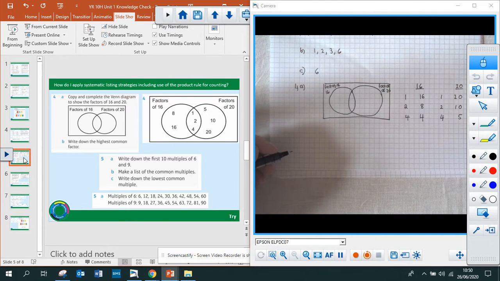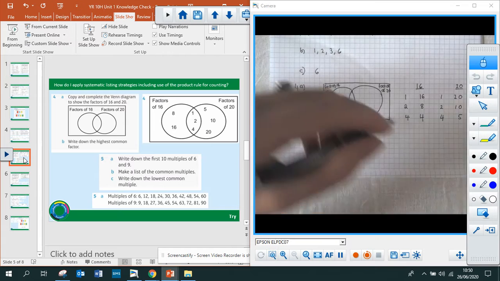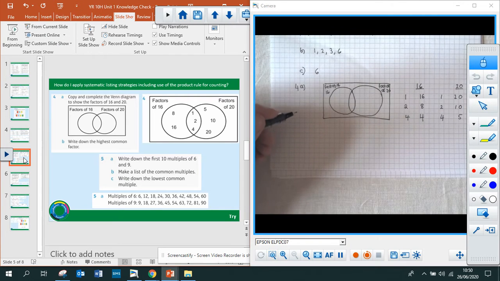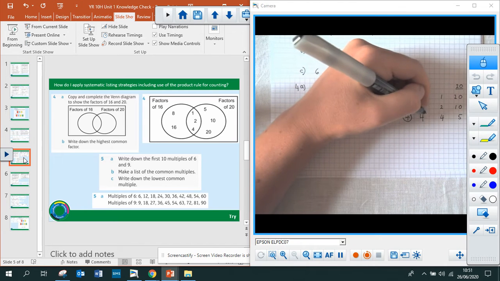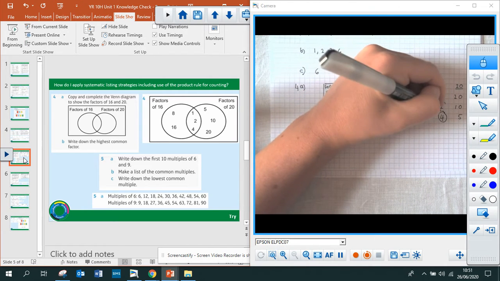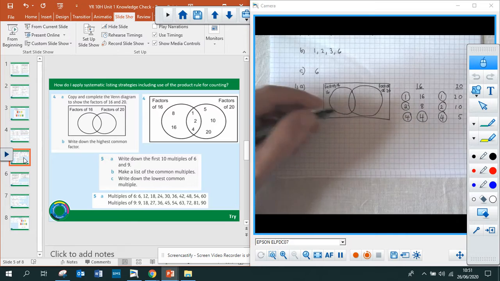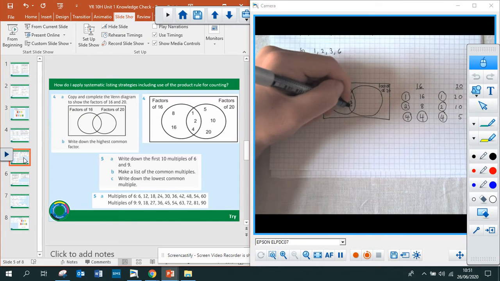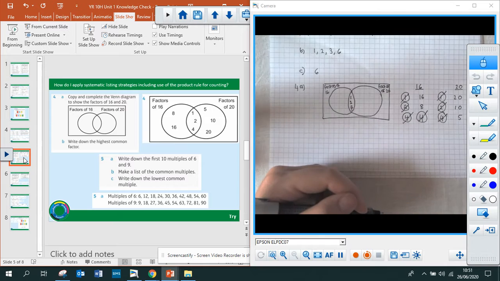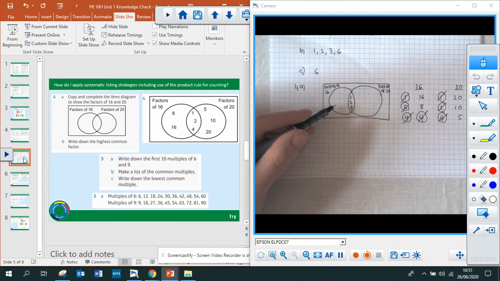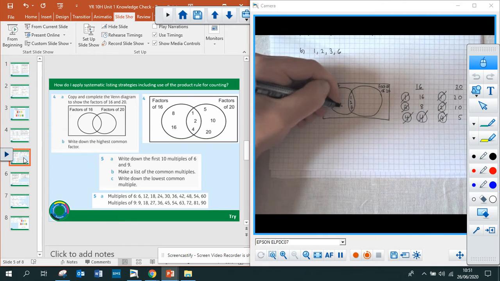Okay. I'm going to now circle my common ones because I'm going to start by filling out the centre where they overlap. So my common factors are 1, 2, and 4. They're the ones that are in both, okay? So in the middle here, we need 1, 2, and 4. Now they've been used. So just so that you don't write them again, you can cross them out. And then the ones that are only factors of 16 are 8 and 16.